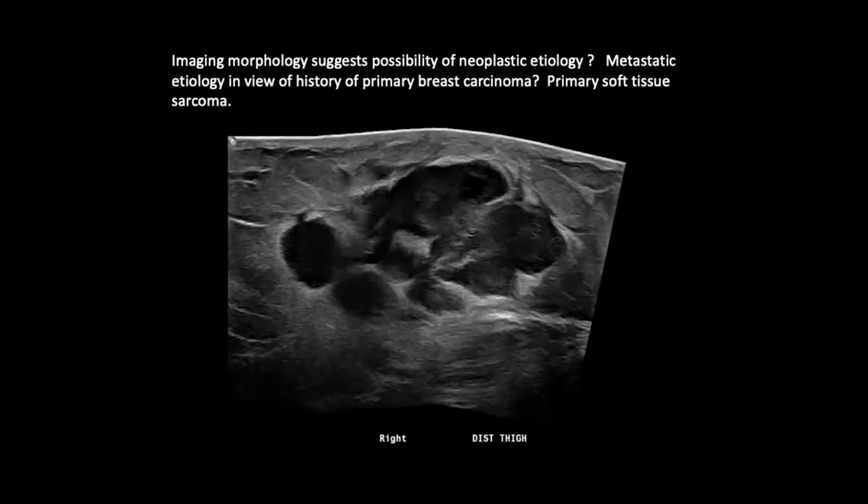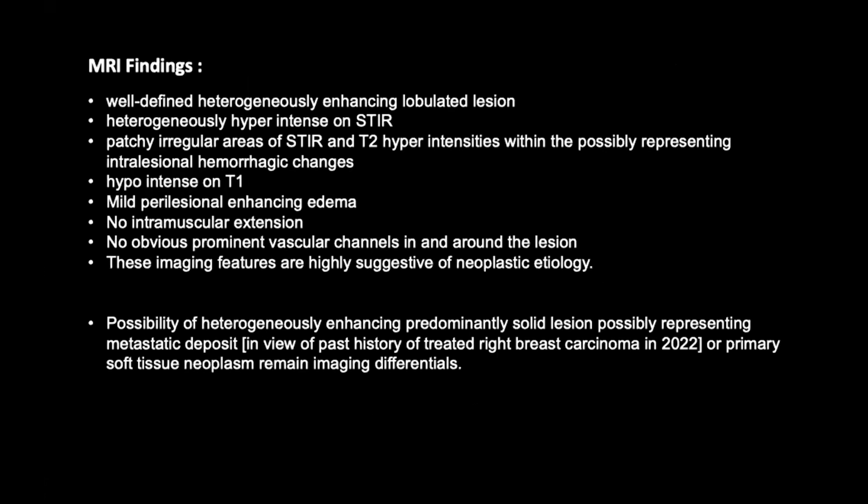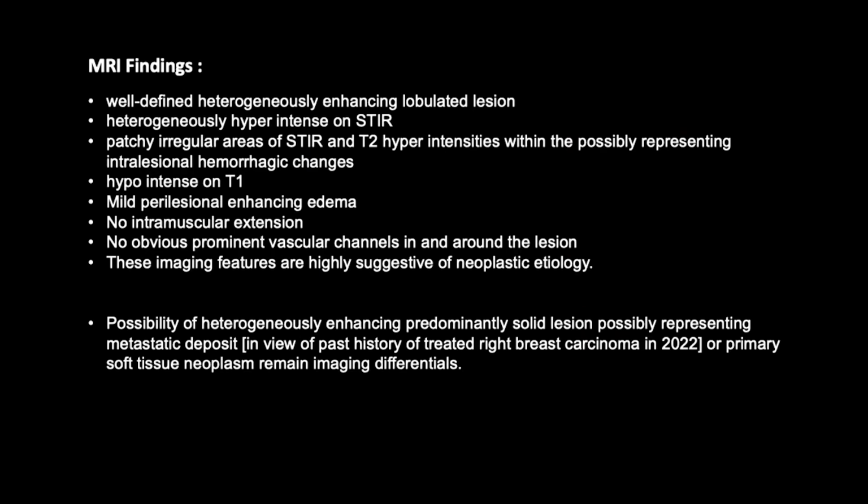Then the MRI, which was done outside, was sent for a review to our consultants, and they saw it. It was a heterogeneously enhancing lesion in the subcutaneous compartment, which was significantly enhancing. And here MRI was a must because it was suspicious and we could see these findings. So they also gave it as a primary soft tissue sarcoma or metastatic etiology.